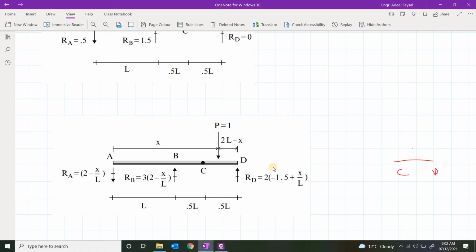This is CD, you have a load over here, you should be able to find these two forces, and with these two forces known, you can assume it acting upward, but later on you may find out that it happens to be acting downward. So you can again find RA and RB, with this load known, you should be able to find these two values. And these are the final results. RD will be equal to this, and RA and RB are all given in terms of x. So this is just the basic process of finding reactions in a beam with a hinge.